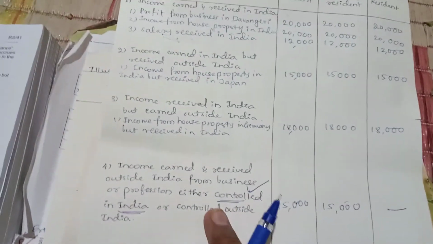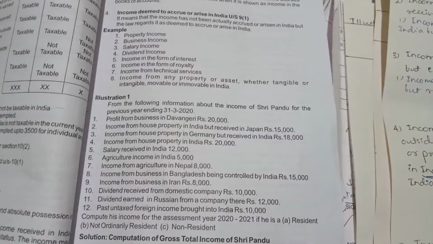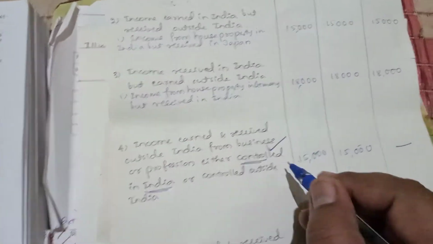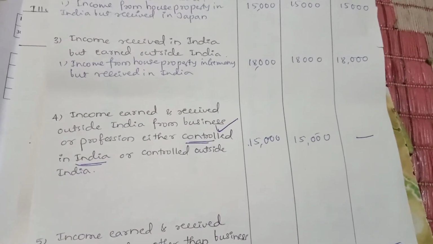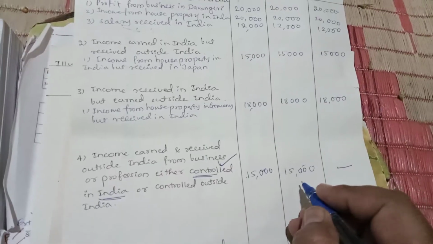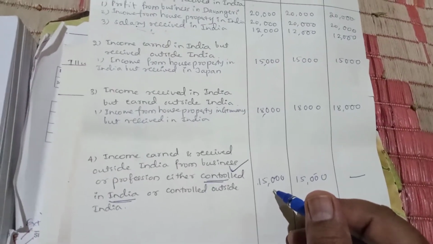But here what they have said is income from business in Bangladesh being controlled by India. They have said it is controlled by India. That is why in both the first two columns I am going to show the amount. Okay, if the same thing is controlled outside India, then this column also I put as nil only. Only in respect of the first column I am going to show the amount.